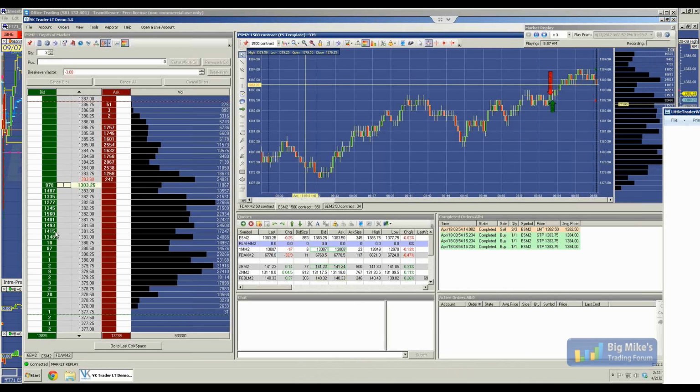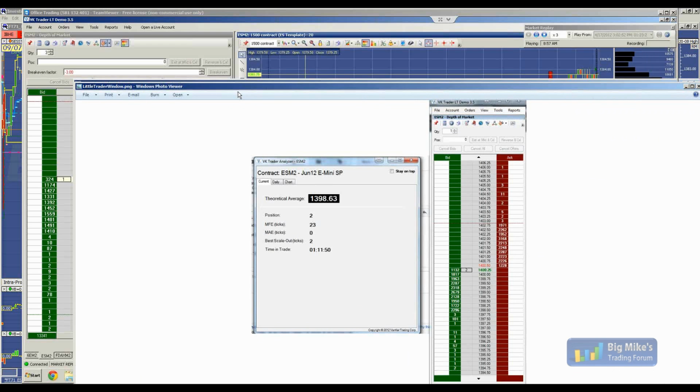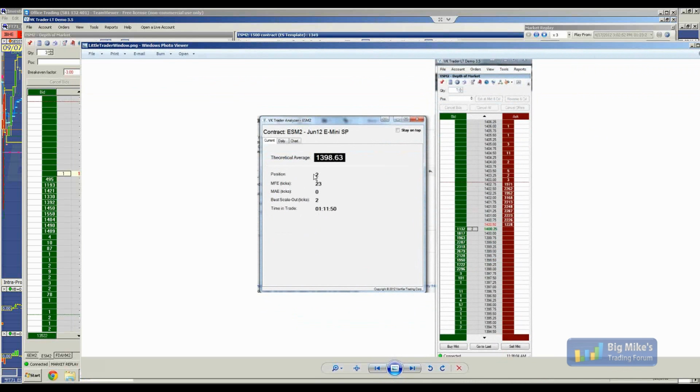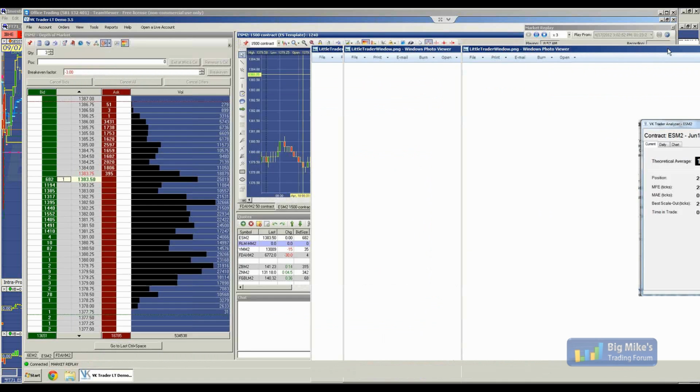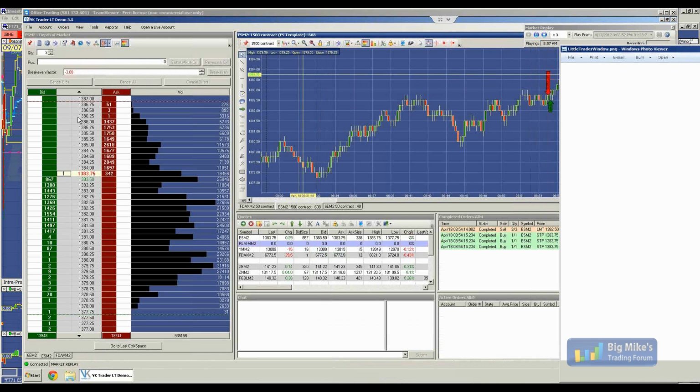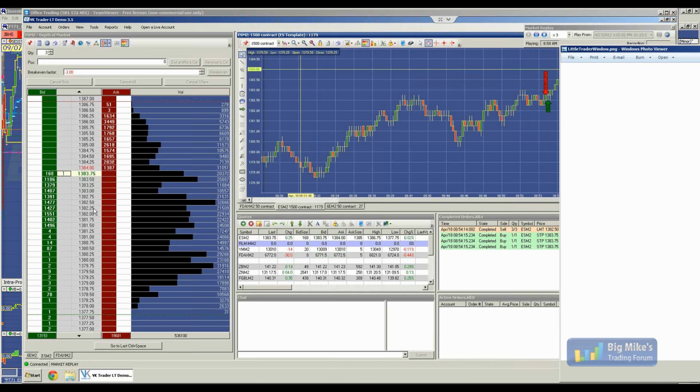Had I gotten 81.25, that would have been $62.50 that you can add to the average on the two positions, so it's half of 62.50, and then you recompute your theoretical average so that if I move my stop on this trade to that new theoretical average and it gets taken out, in the worst case scenario, I would have flattened the trade.